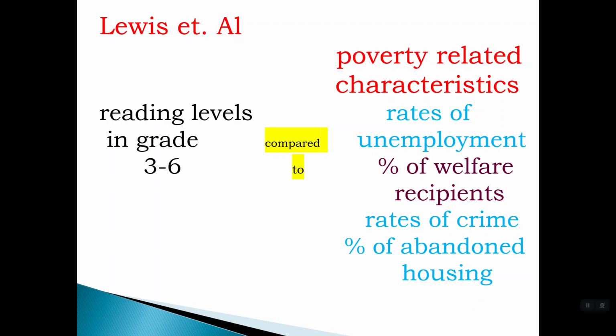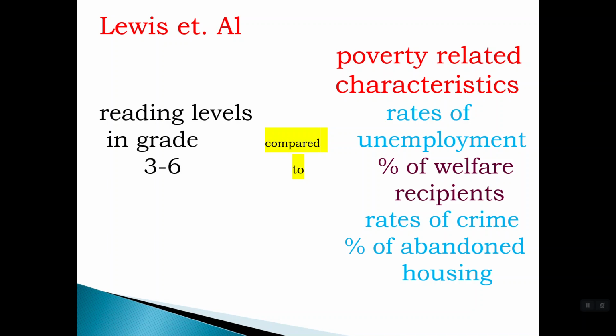So then these characteristics were compared to how well the children of those neighborhoods did on national achievement tests in reading. So this study was done for several elementary schools across several districts. So it was not an isolated study involving a few schools in one area.